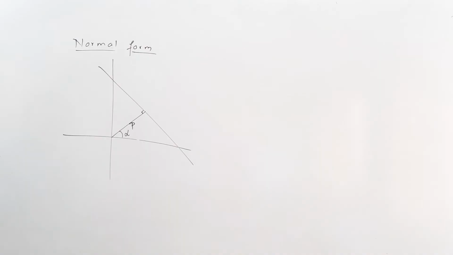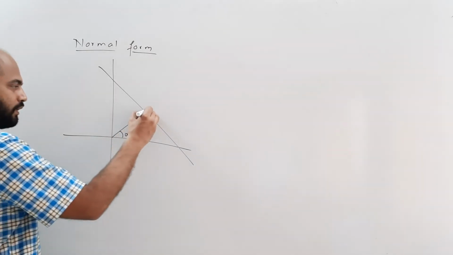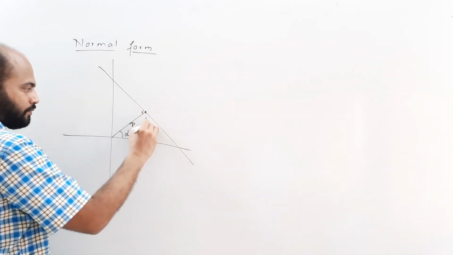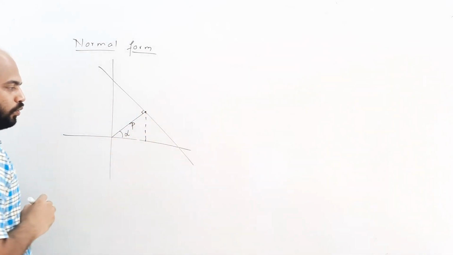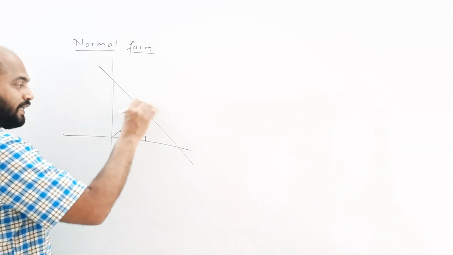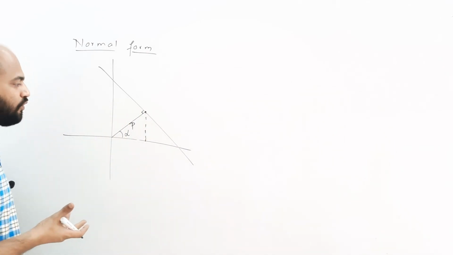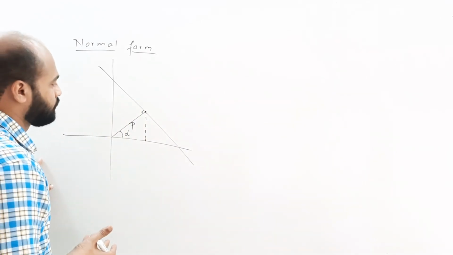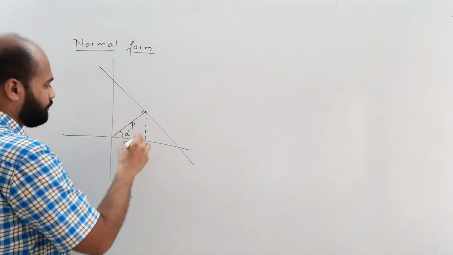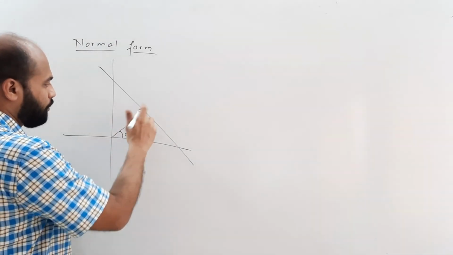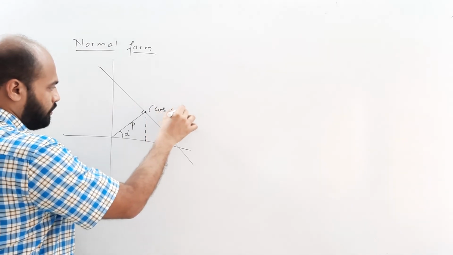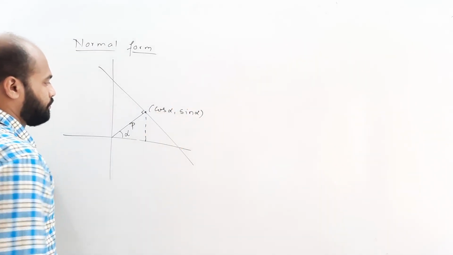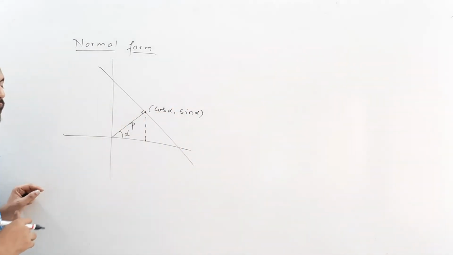Now once we know that, we can locate this particular point. Let's try and understand how. This point is any x comma y on the line. So for sure we can say that this point is going to be cos alpha comma sin alpha, and this distance is p.